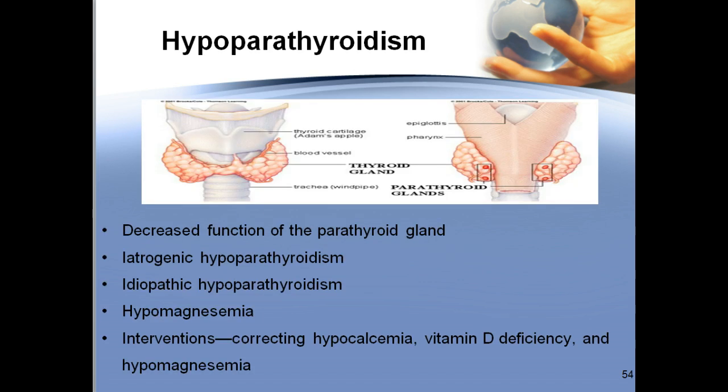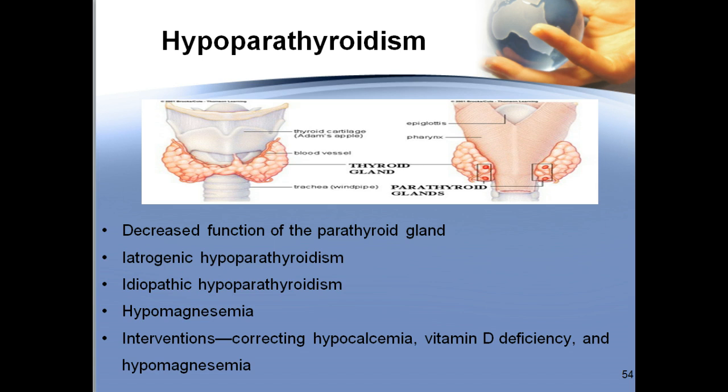And lastly, hypoparathyroidism, which is just decreased function of the parathyroid gland. It could be iatrogenic hypoparathyroidism, which is the most common form. It's caused by removal of all the parathyroid tissue, which may have been a deliberate surgical removal.